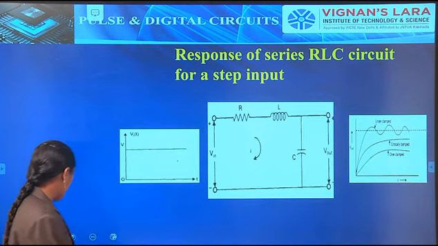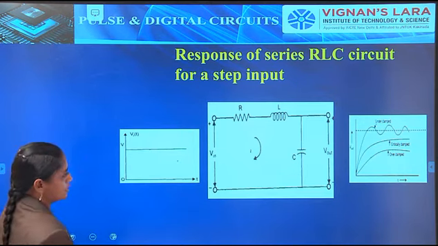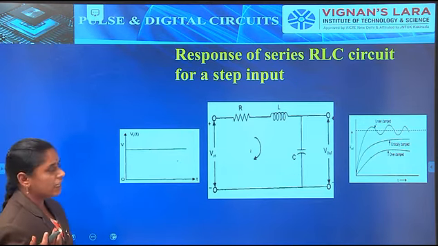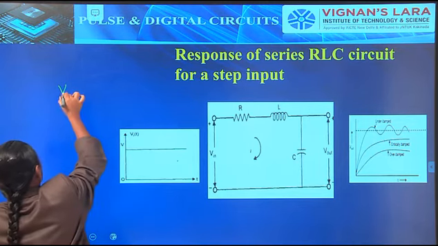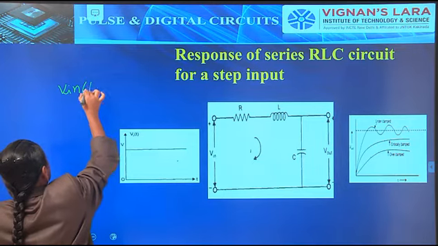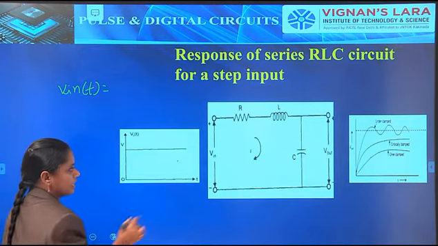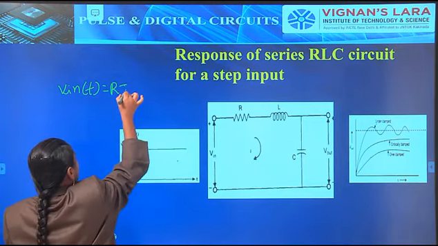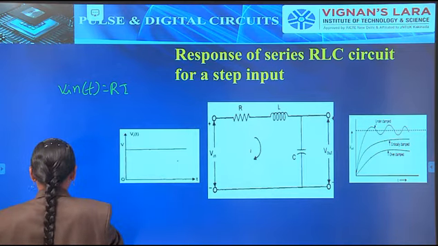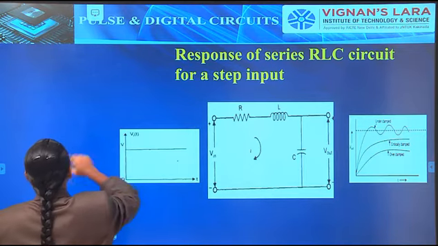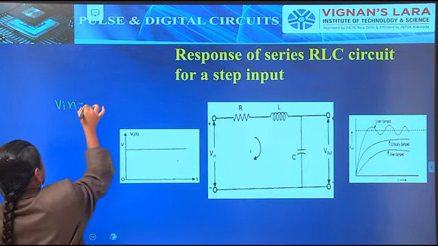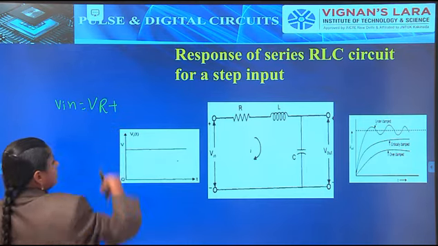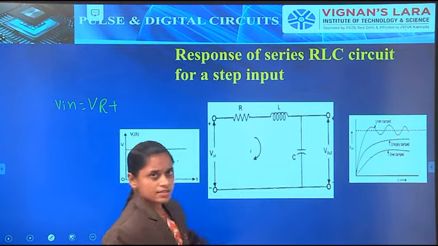First we have to apply KVL at the input side. By applying KVL, V in is equal to VR plus VL plus VC.